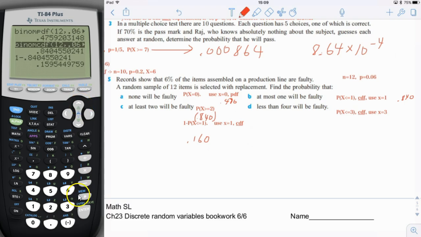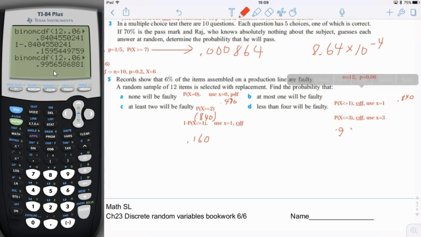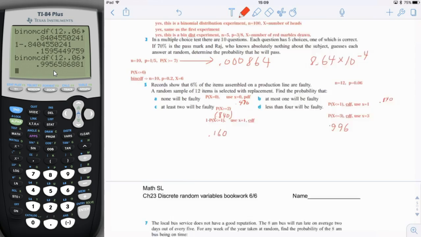Here, I'll show you a trick. You can just grab this. You don't have to go into that screen we were in before. You can just substitute the number 1 for 3, and it'll give you the answer for that. So the probability that x is going to be less than or equal to 3 is a very big number. It's 0.9996, okay? All right, moving on.